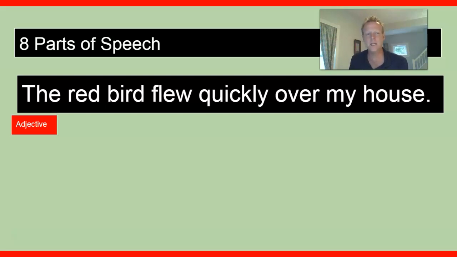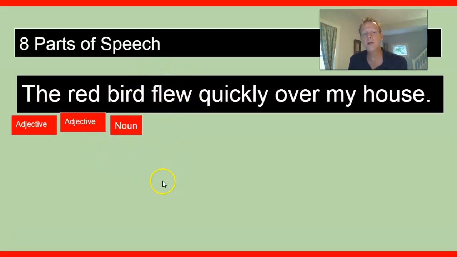Whenever you see them, remember they're an adjective and they come before a noun, okay? Red. Red's an adjective. Why? Because it's describing bird. Bird is a noun. It's a thing. It's an animal, okay?